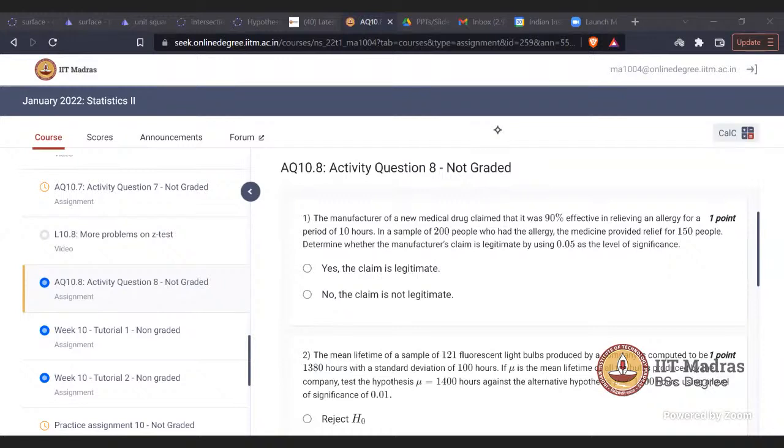For evaluating that observed value, we are using 200. So the alternate hypothesis is less than 0.9. Is that true? Yes, the alternate hypothesis is less than 0.9, that is true.